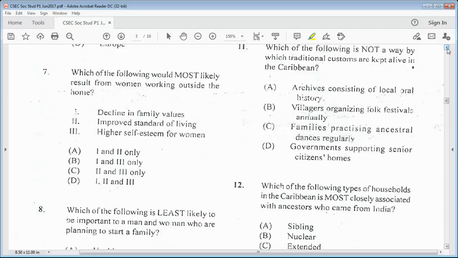And 3, higher self-esteem for women? Yes, we could say that. So we would go with 2 and 3. Women working outside of the home would more likely improve their standard of living, and they have higher self-esteem. So we would go with C.